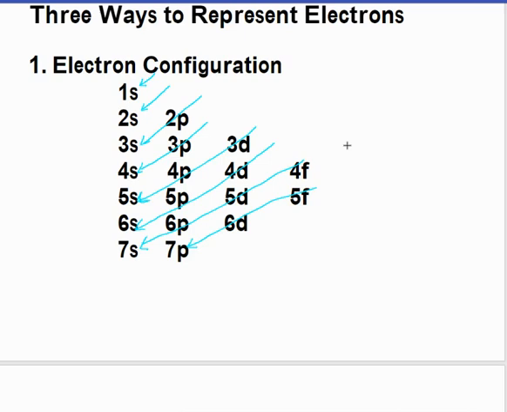So all of these filled up to 7p is 118 electrons. There's only 118 elements, so that's where we stop. Okay, so follow these diagonals to write our electron configurations from now on.